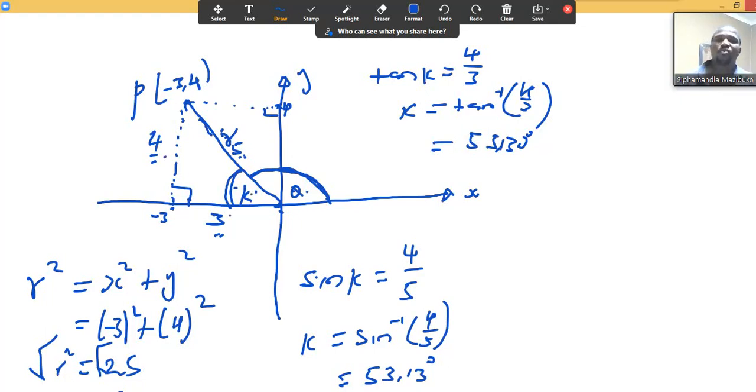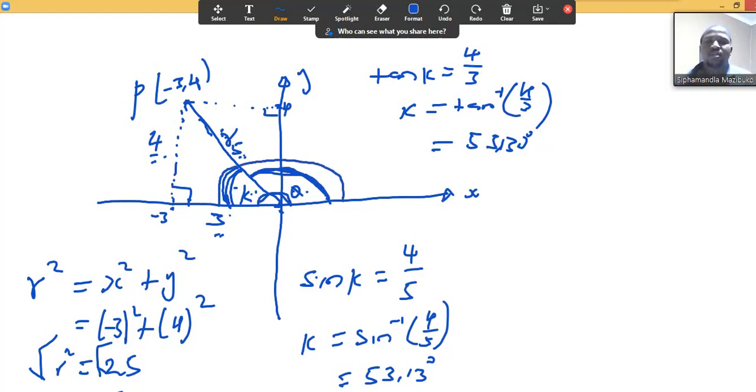So let's get back to our question, because we're trying to analyze it more, to see if we can use different ways to find the solution. The question is find theta, but what we got here now is k, and we are looking for theta. What I told you earlier is that this whole angle, from here to here, is 180 degrees, the half of a circle.